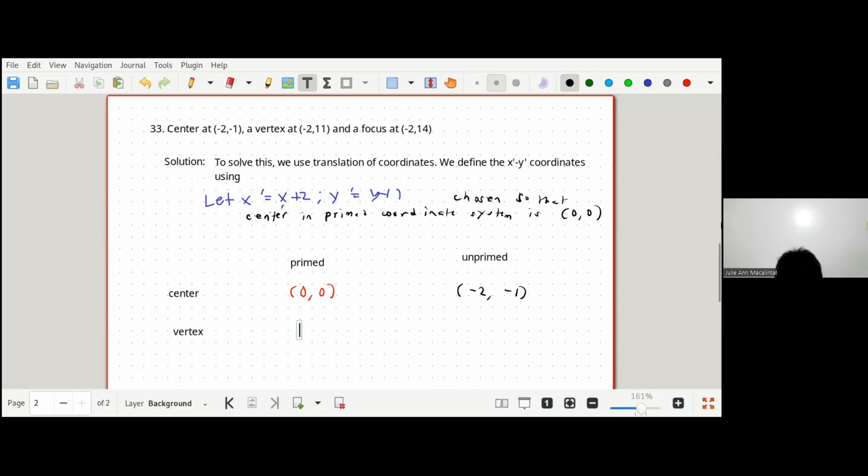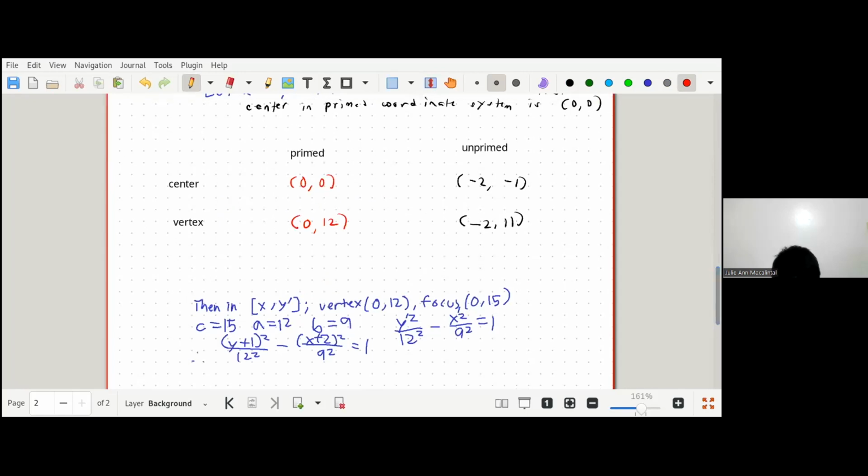Pagkatapos, so from the vertex, we have negative 2, 11. Tapos, using yung transformation equations, we can get the following. So negative 2, 11, so 0, and then 11 plus 1, that's going to be 12. Ito. Okay. And then yung focus, ito.